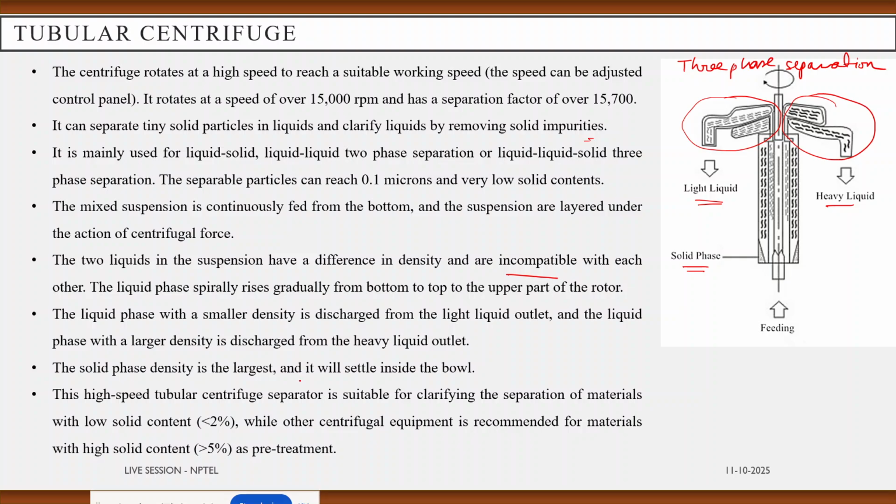This high speed tubular centrifuge separator is very suitable for clarifying materials which have very low solid content, that is less than 2%, while other centrifugal equipment is recommended for material which has very high solid content, like greater than 5%, as a pretreatment process.